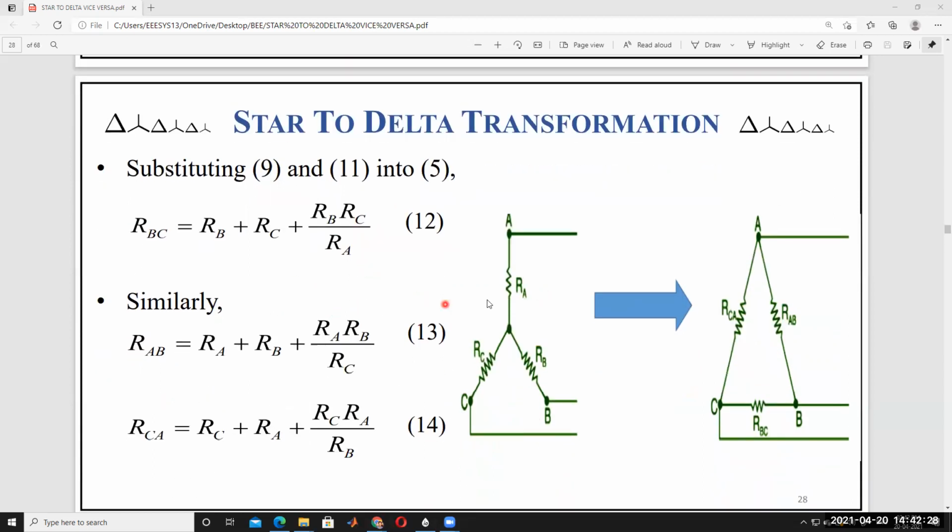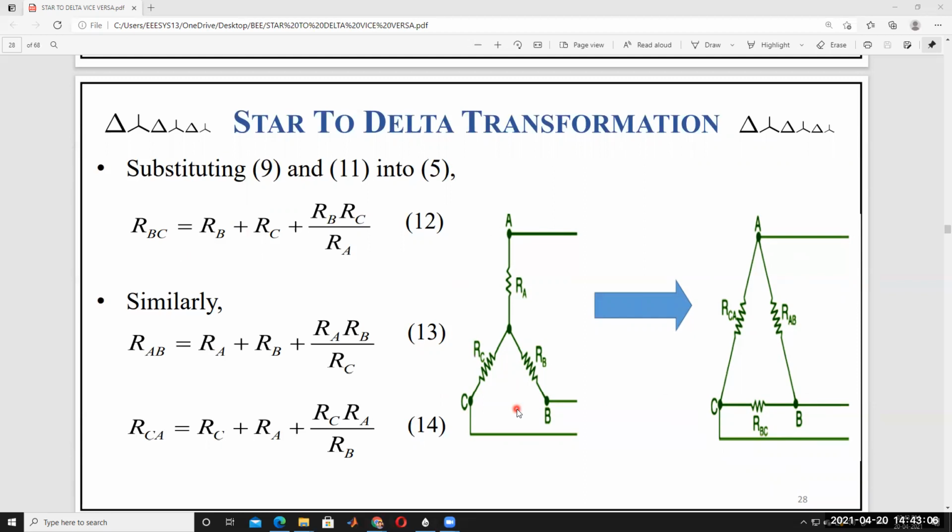So try to consider here, what is the resistance RBC? Delta to star transformation is over, and here is star to delta. What is the resistance between B and C?